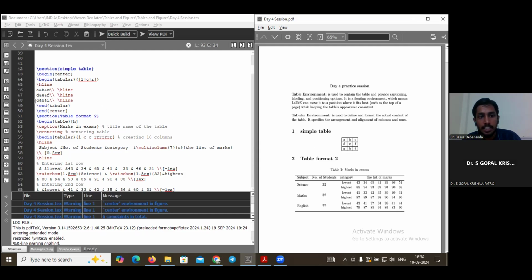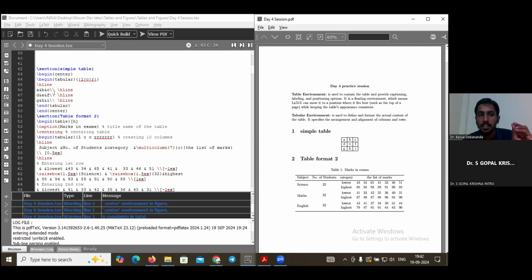Now again G H I, and for the next row, this is the \hline for the last horizontal line.